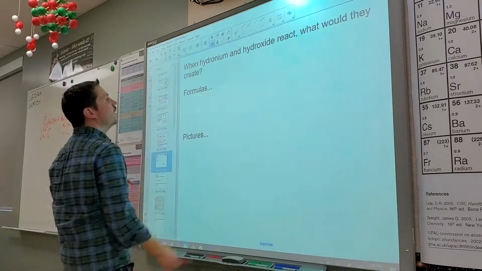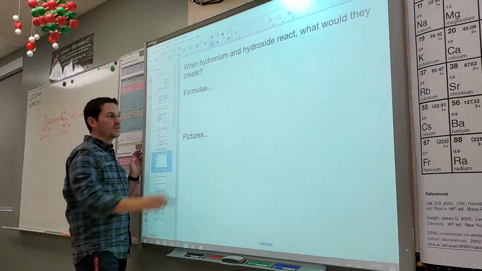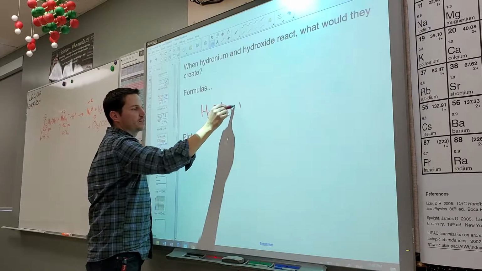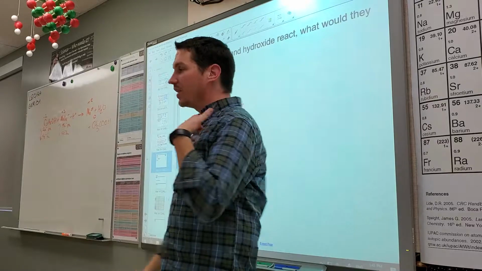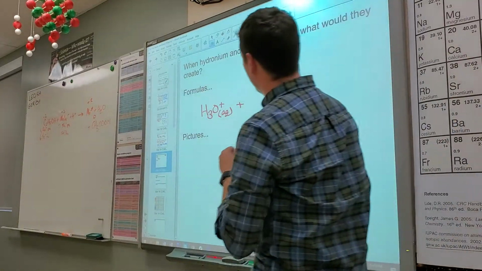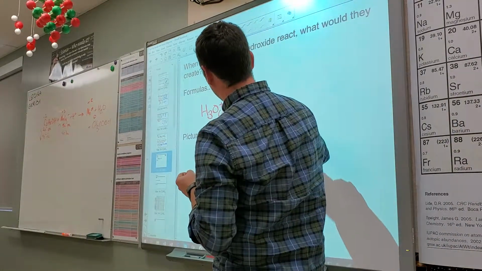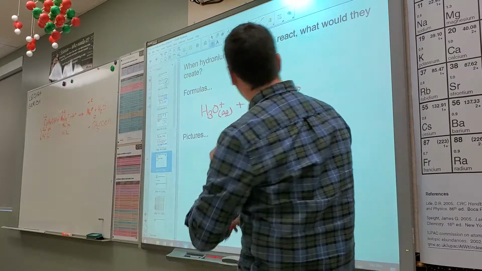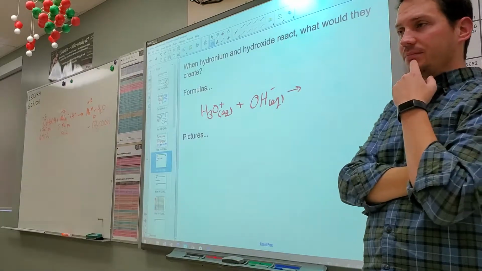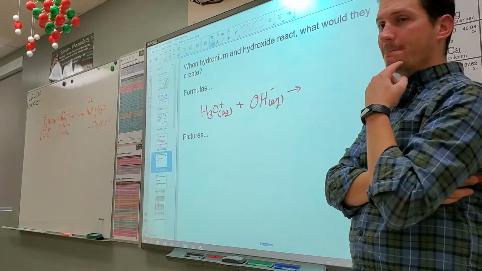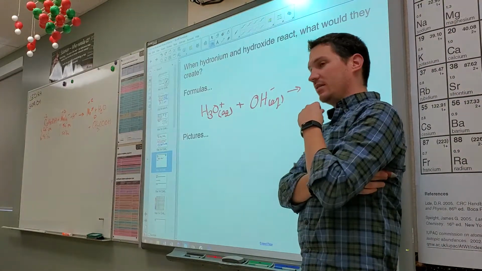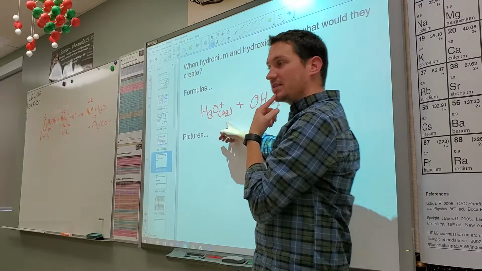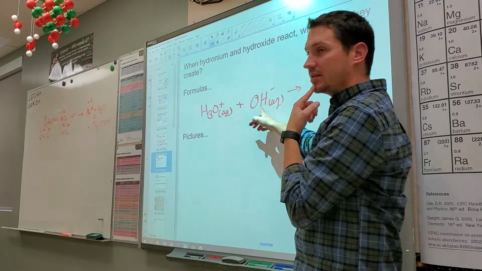Let's try this. Hydronium, what's the formula for hydronium? H3O plus aqueous. And when it reacts with hydroxide, what's the formula for hydroxide? OH minus aqueous. What's going to happen here, do you think? The H is going to transfer from the acid to the base.